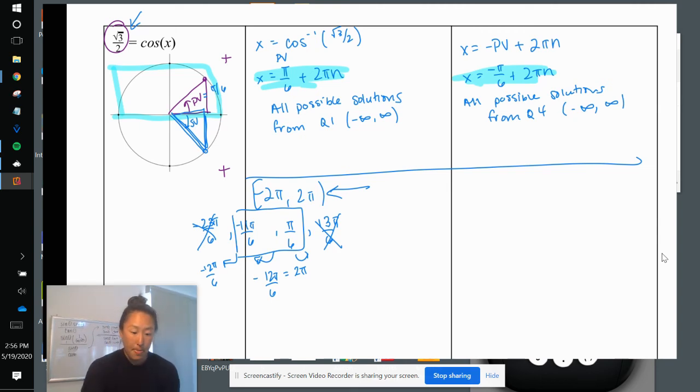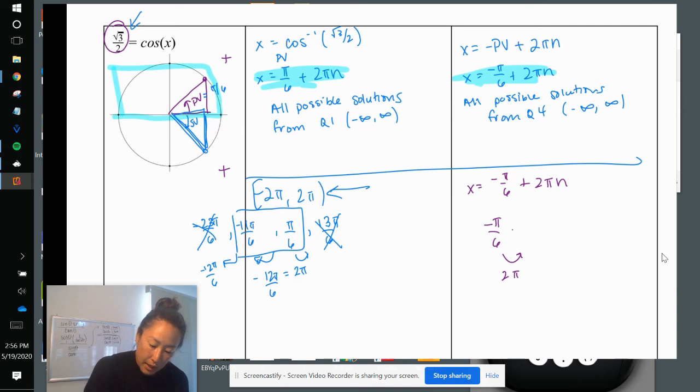That was a lot. All right, second, from the fourth quadrant, we're going to start with x equal to negative pi over 6, and we're going to add 2 pi n. So negative pi over 6 plus 2 pi, again adding 12, I get 11 pi over 6. Add 12 again, giving me 23 pi over 6.